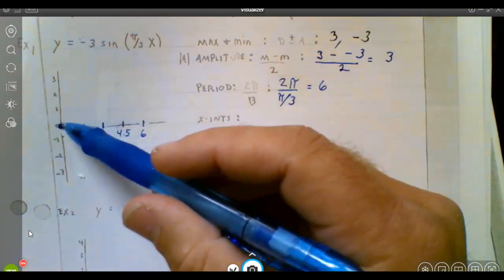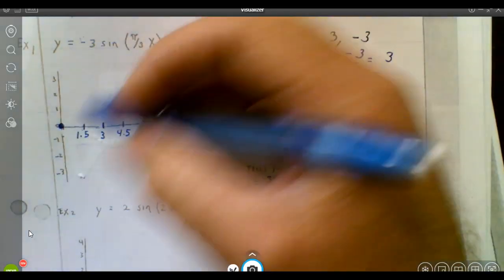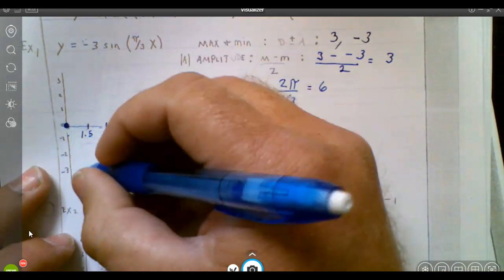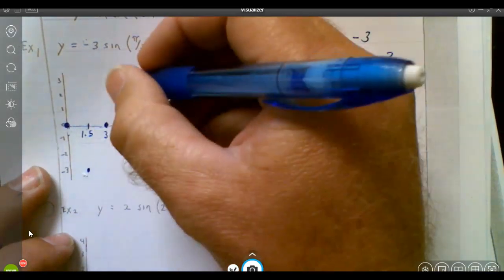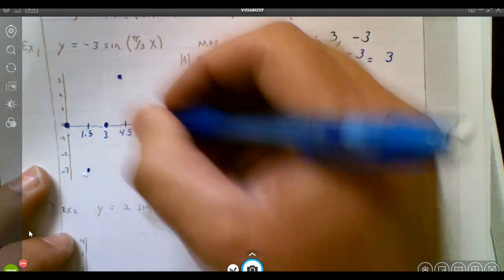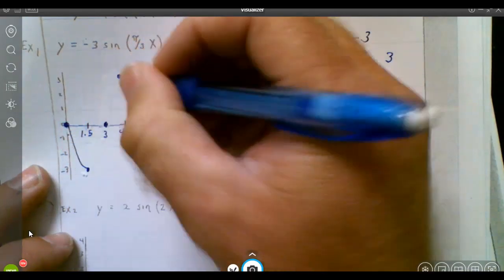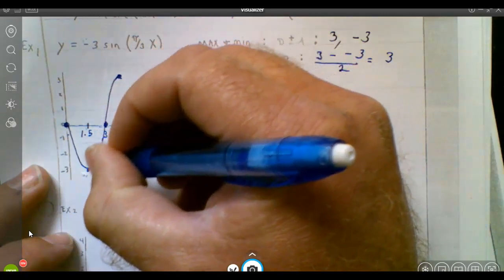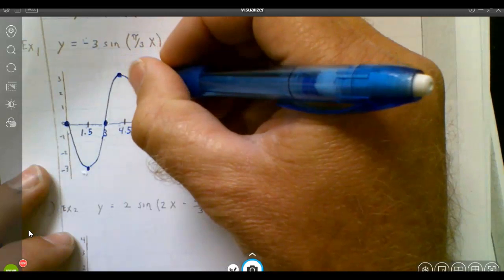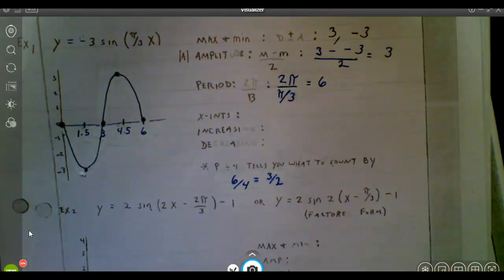So instead of going up 3 and back to 0, because of the negative, we're actually going to go down 3, then back to 0, and then up 3, and then back to 0. So there's our main points. I know my graph will be a little ugly. Good enough, right? So there's our graph.